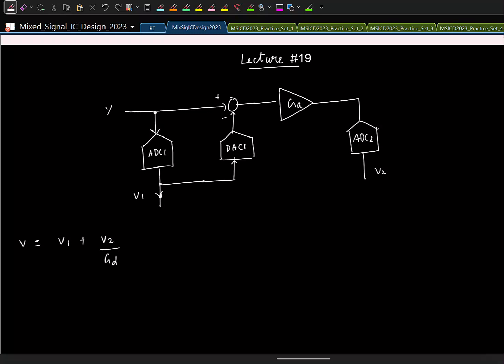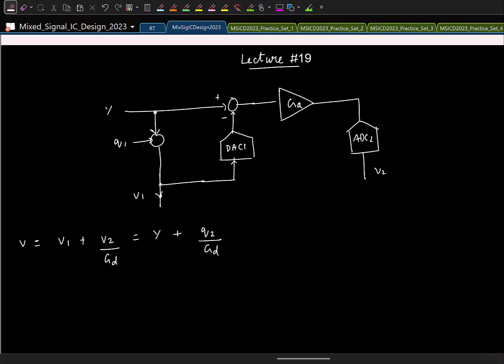This is analog gain. Okay, so let's say now we replace this ADC with this additive quantization model. So ideally at the output I should have the input plus what quantization noise? I'll have only the last stage quantization noise divided by the gain.